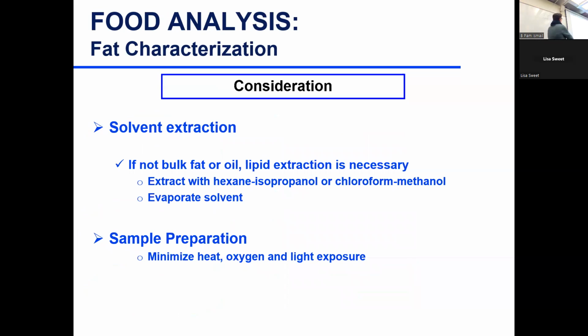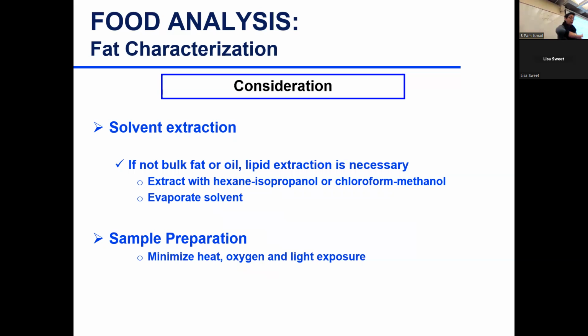So what you want to consider, first of all, is that sometimes you don't have bulk fats or oil. Sometimes you want to look at the composition of the oil or fat component of different food products, or you want to look at the stability of the fat within a food matrix. So what you do is extract the lipids first.